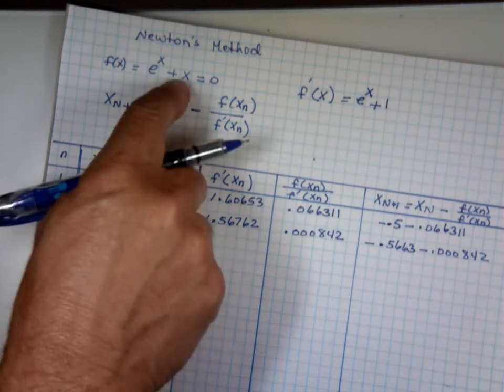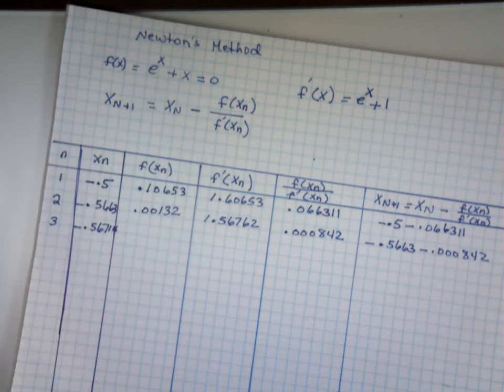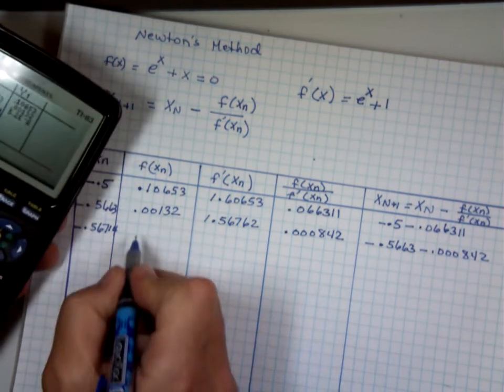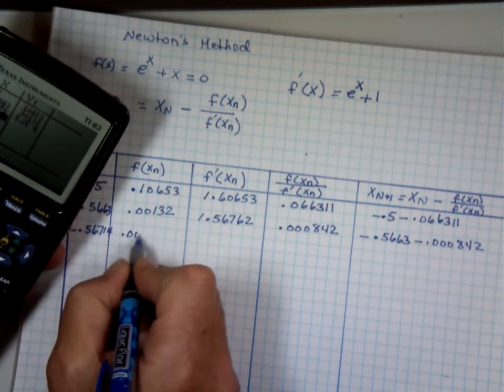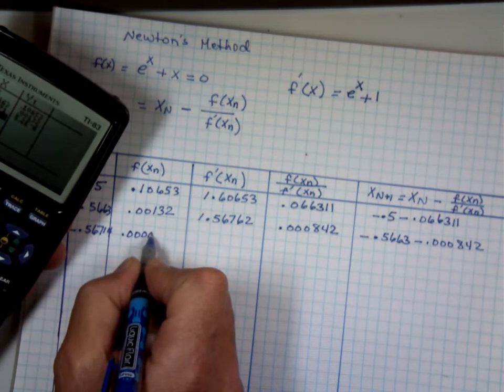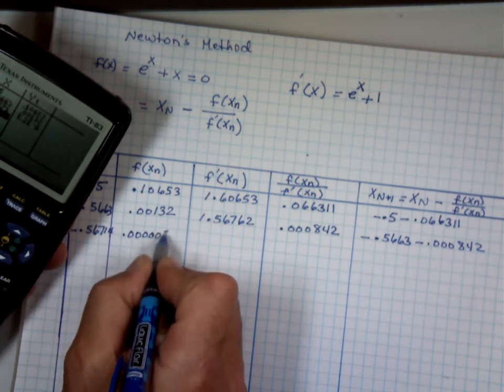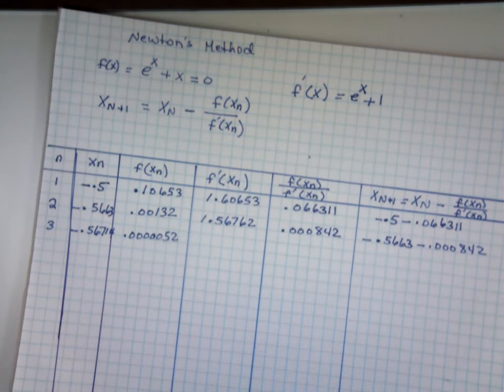Plug it into that one. Negative 0.56714. And my answer for this, ready for this? 0.0000052. Is that close enough to 0? Yes. I can stop.